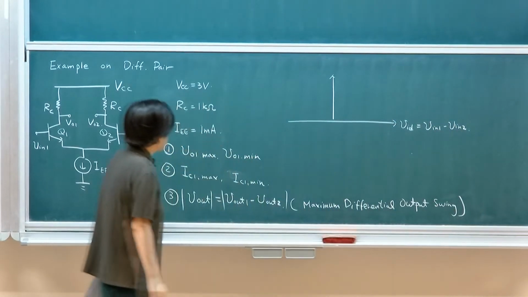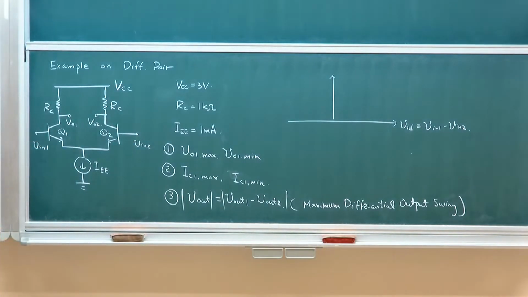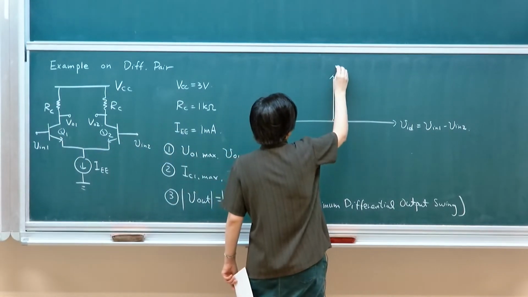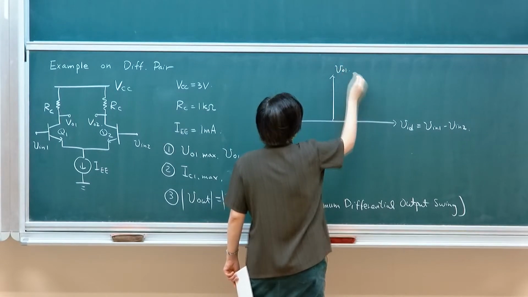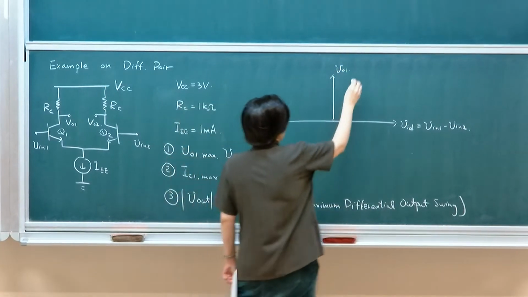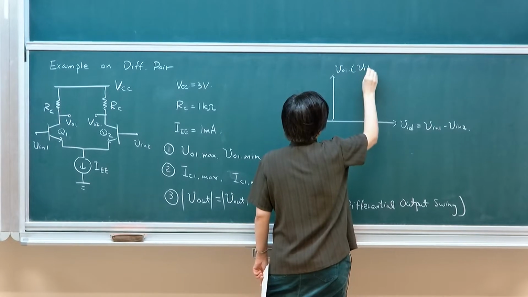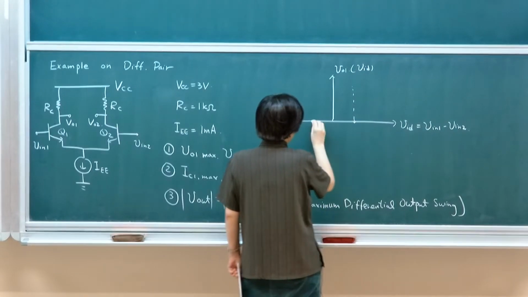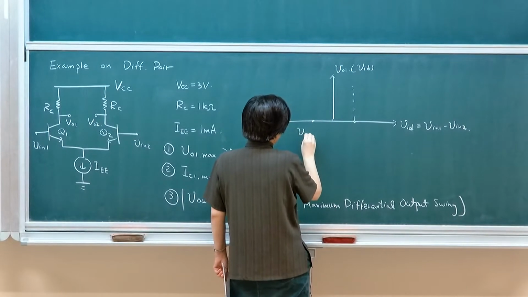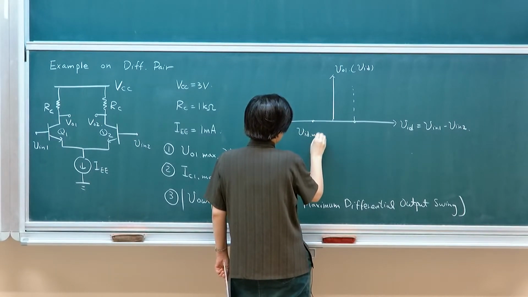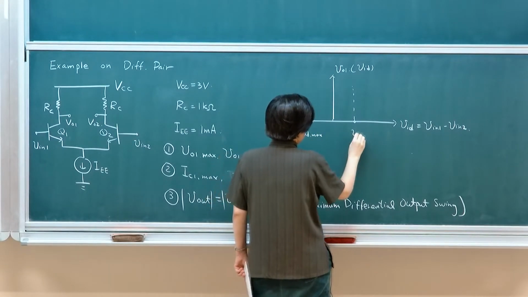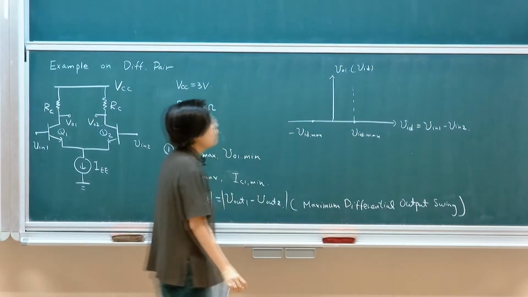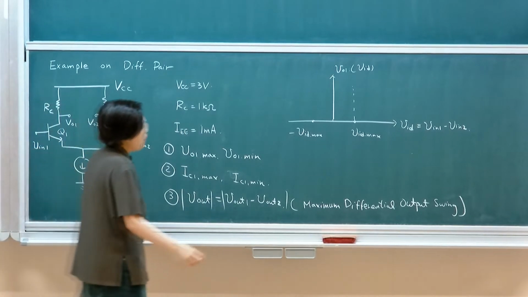You can plot VO1 and VO2 individually. Let's say I want to plot VO1 as a function of VID. Because it's bipolar, we don't actually need to know the size of the transistor or biasing condition, because this will be fixed at about 100 millivolts.